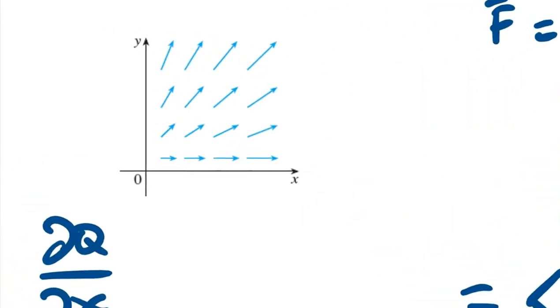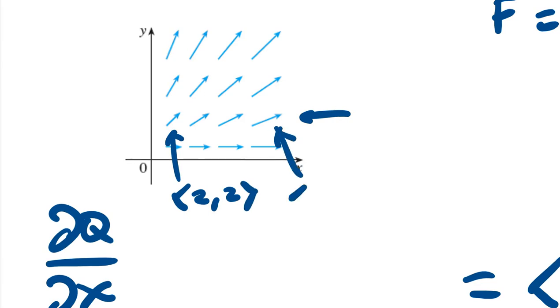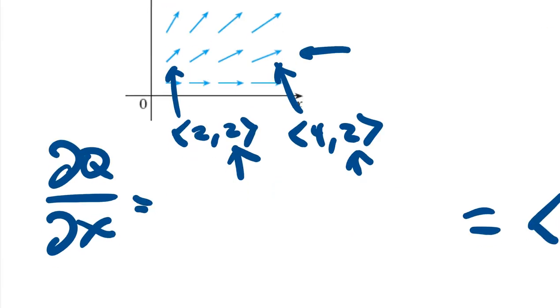The y values in the x direction aren't doing anything, because the y value is the height, and the height isn't getting any bigger. For example, this first vector could be (2, 2), and then this last one, the x is getting bigger but the y isn't. So the y values stay constant, and the partial of Q with respect to x is 0.